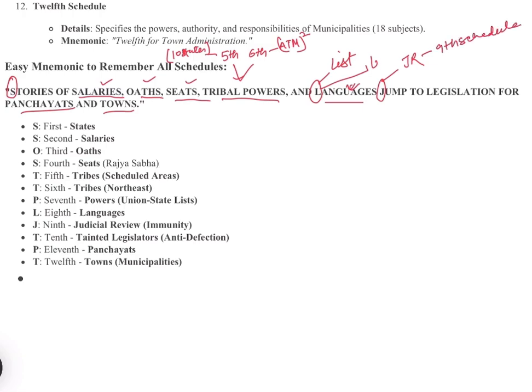Then T stands for the 10th schedule, which is anti-defection law, and this is legislation for panchayats and towns. Panchayats means panchayat and towns means municipalities.